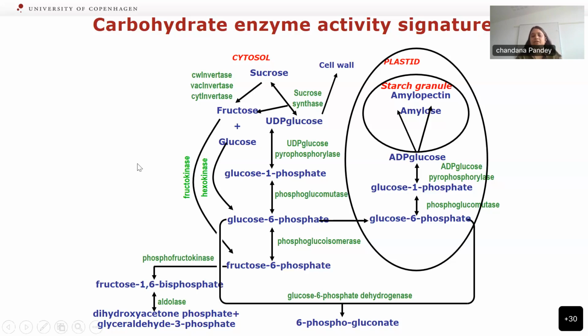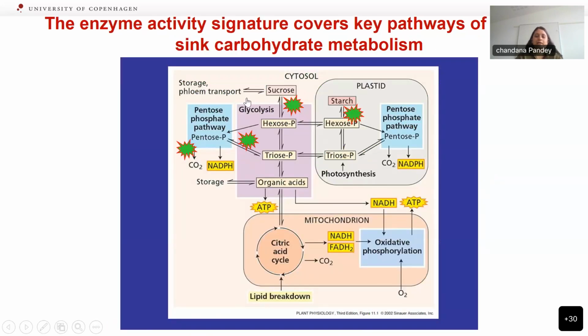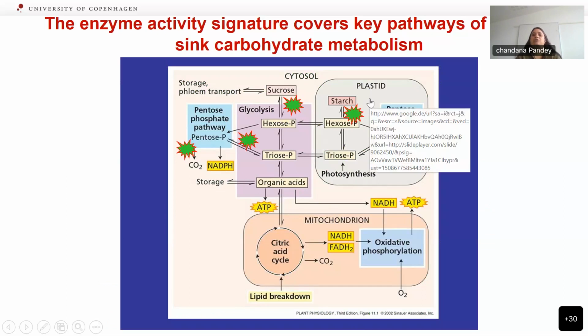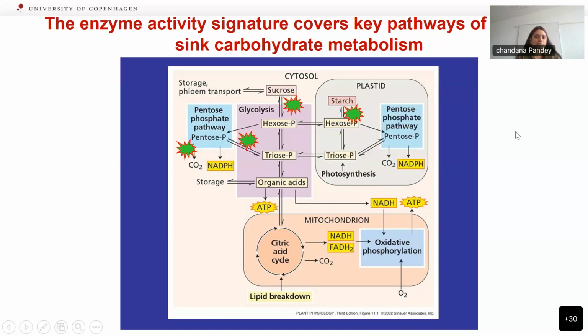These are 13 different enzymes related to the carbohydrate metabolism, selected from different pathways, for example the glycolysis pathway, the starch biosynthesis pathway, and also the lipid degradation pathway. These were the major targets we were investigating before.